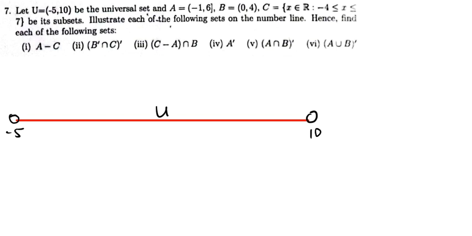Now, the first thing that I want us to solve is A minus C. But before we do that, let us first dismantle C. So C is telling me to say it is starting from -4 ending on +7. Since they are using less than or equal to both, meaning these two guys are included, in simple terms C is actually starting from -4 all the way to 7, and both are included.